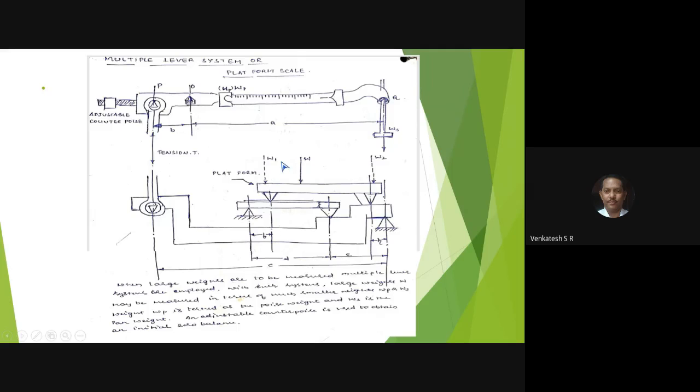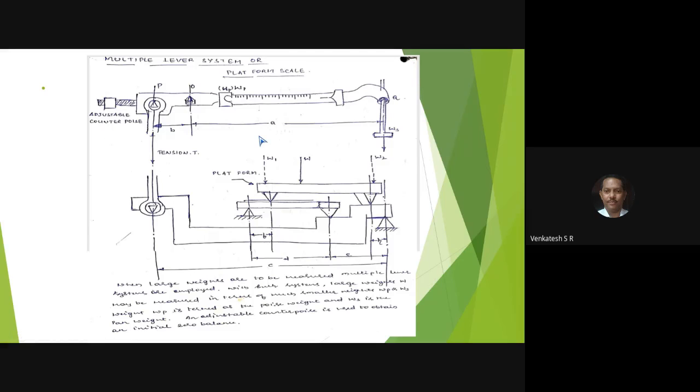See, this W1 and W2: W1 plus W2 divided by 2 will give you the W. That is the weight. So if you keep an unknown weight anywhere on the platform, you will get the exact weight of the unknown magnitude. This is the principle of operation of the platform scale.